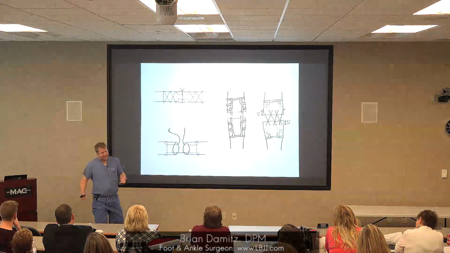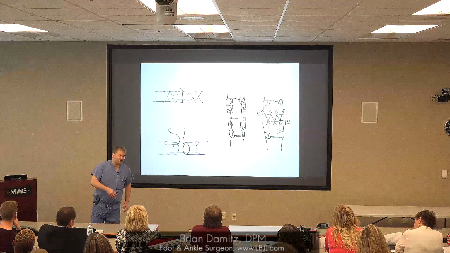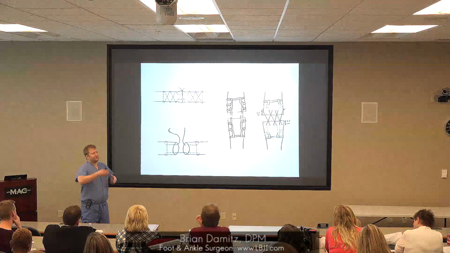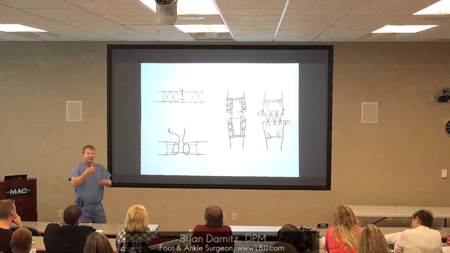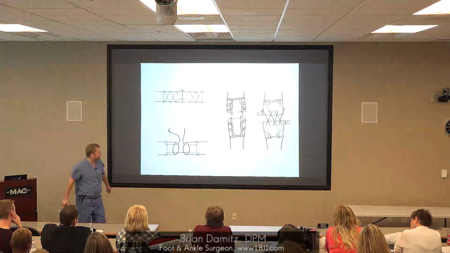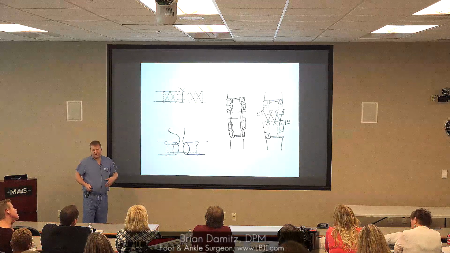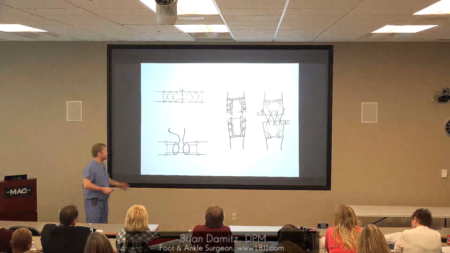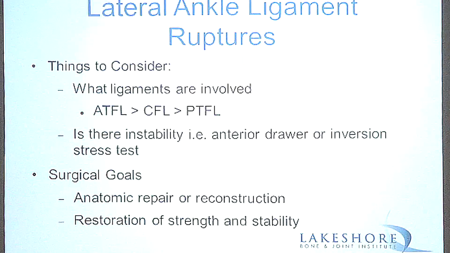Newer techniques have developed where you can actually do turn-down grafts, where you actually use the proximal portion of the tendon to repair through that gap. So if anybody wants to know any more specifics, let me know. But now, very common, very, very, very common.